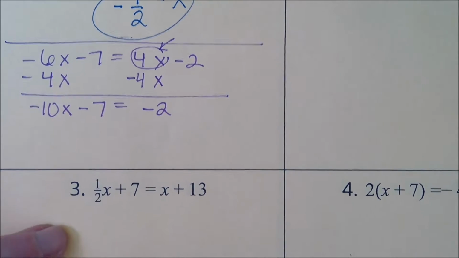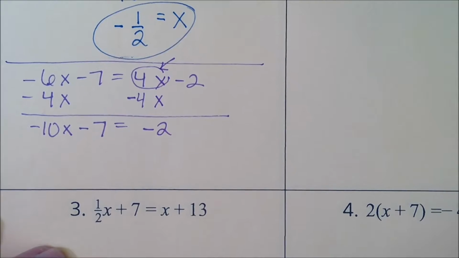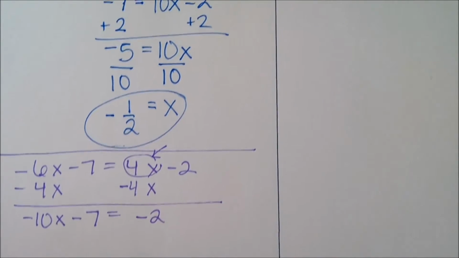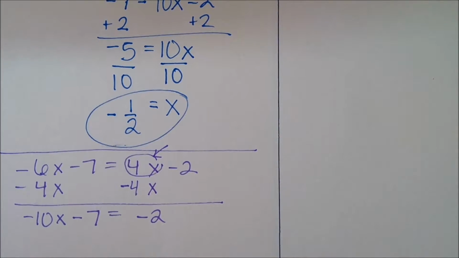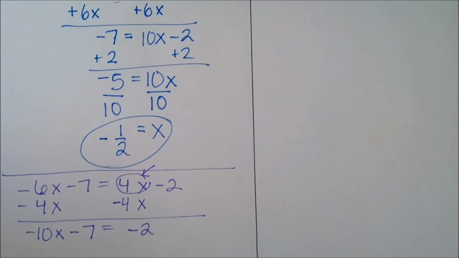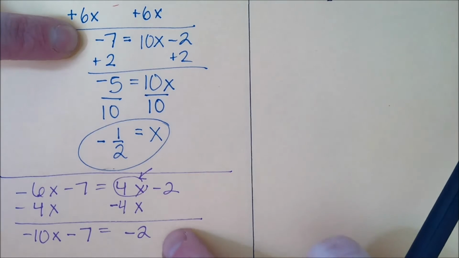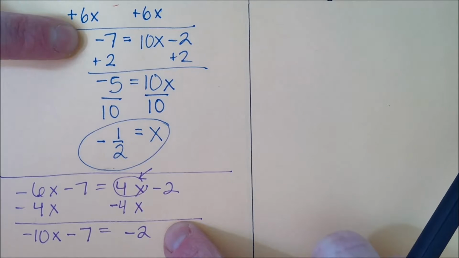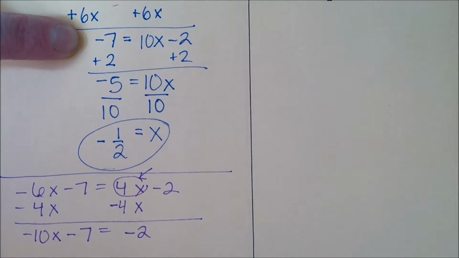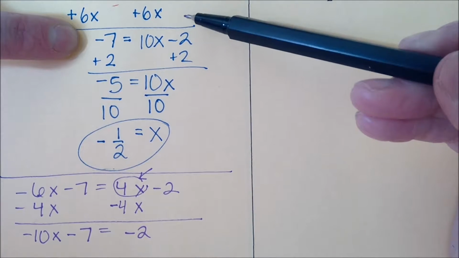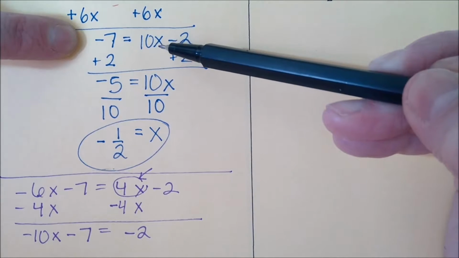Now I want you to look at the difference between our 2 methods. Let me zoom out a little bit. Here, I ended up with -7 equals 10x minus 2. And down here, I have -10x minus 7 equals -2. Now, I'm going to tell you that I like this way better because my x's stay positive.